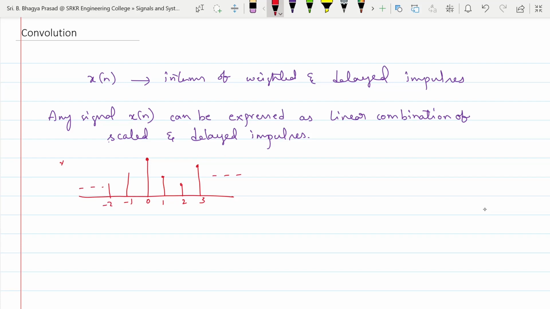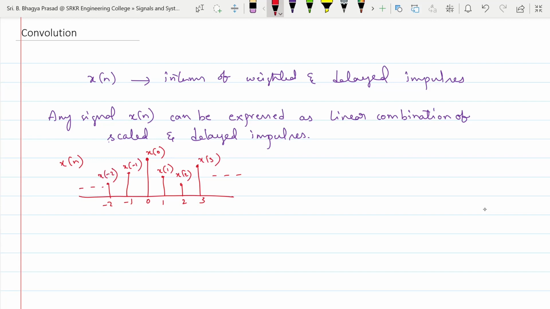Let us take this as a sequence x of n. All these individual values: this is the value of x of 0, this is x of 1, x of 2, x of 3, and x of minus 1 and x of minus 2.